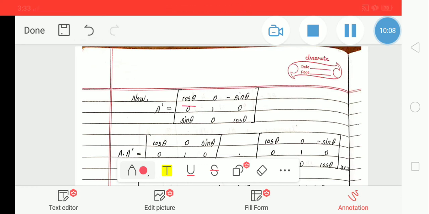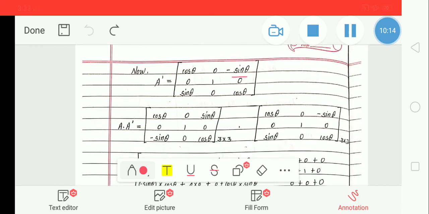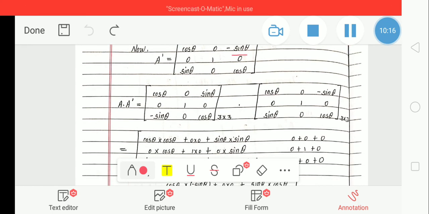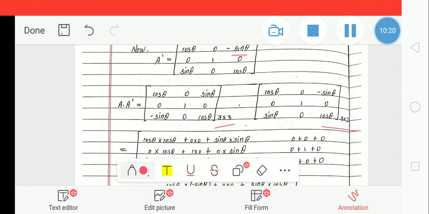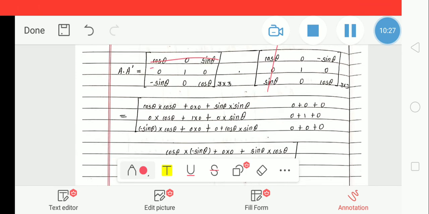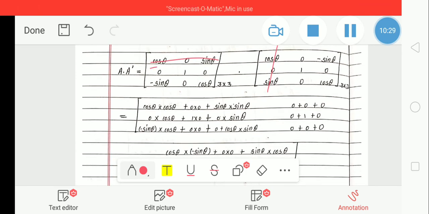So cos theta 0 minus sin theta, 0 1 0, sin theta 0 cos theta, A dot A dash. We multiply these; this is a 3 cross 3 and this is also a 3 cross 3 matrix. Now first row first column: cos multiplied by cos plus 0 multiplied by 0 plus sin multiplied by sin.